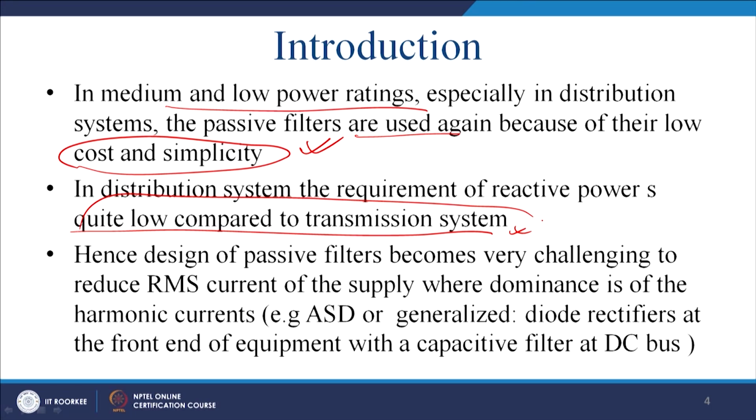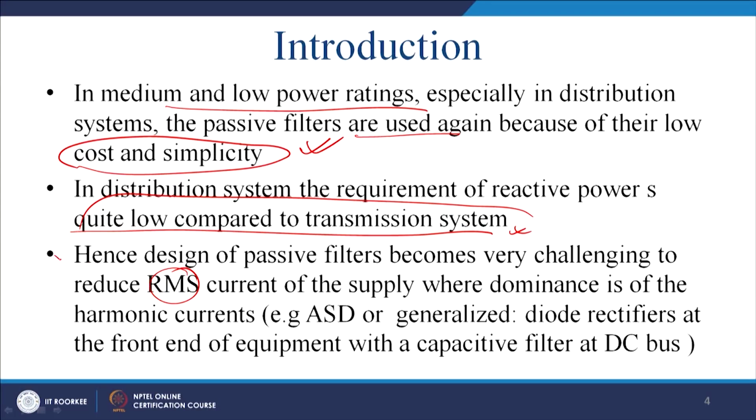Hence, the design of passive filters becomes very challenging for reducing the RMS current of the supply, where the dominant harmonics are due to the adjustable speed drive, generally arising from the rectification process.